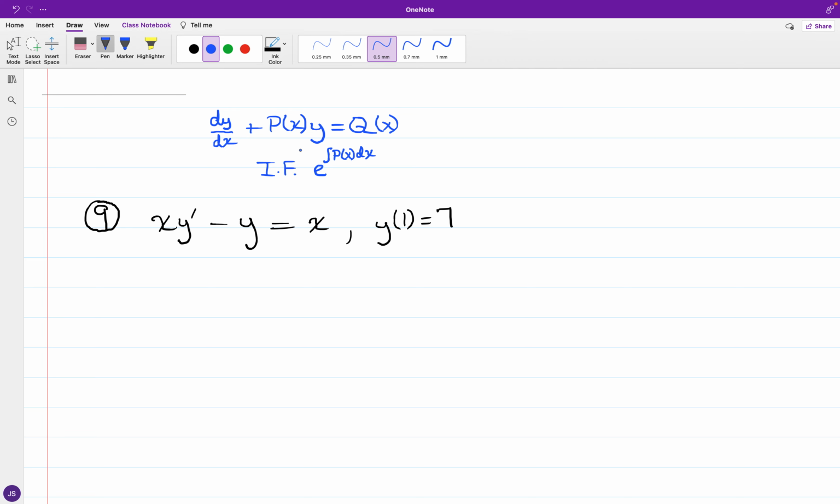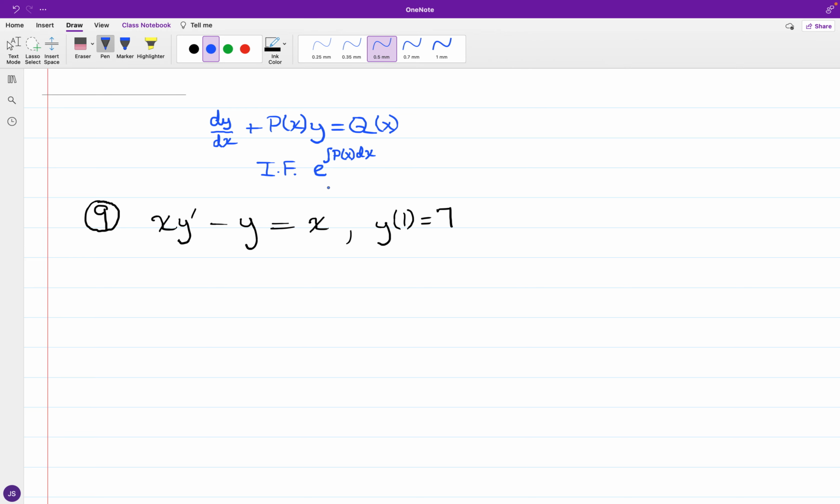First order linear differential equations can be solved through the use of an integrating factor, which involves the natural logarithmic base e, raised to the integral of p of x dx.